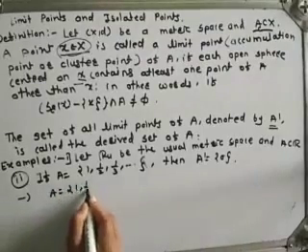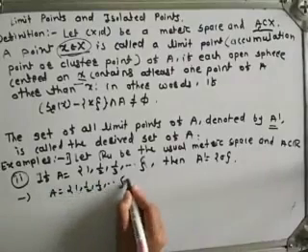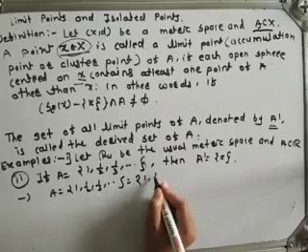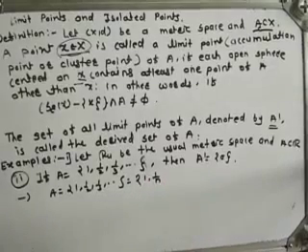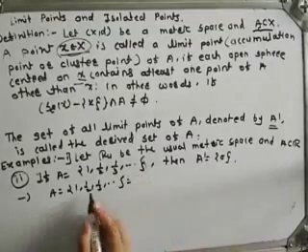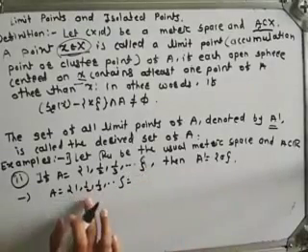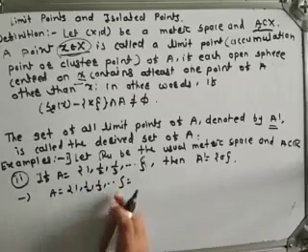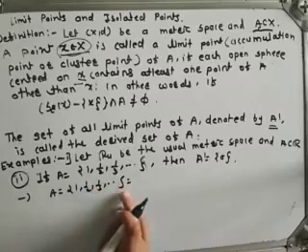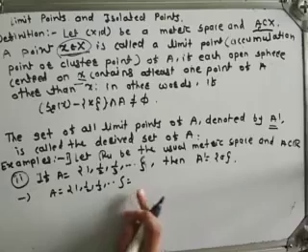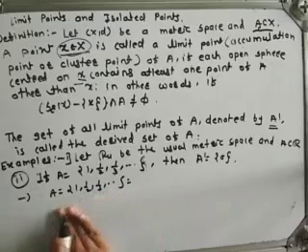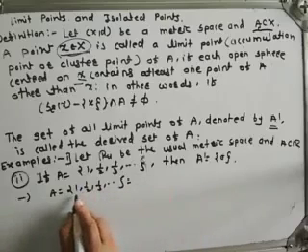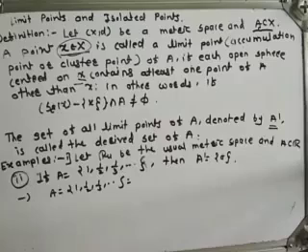A is 1, 1/2, 1/3 and so on, that is, this set is nothing but {1/n}. A is equal to 1, 1/2, 1/3 and so on up to 1/n. As n tends to infinity, 1/n tends to 0. Not exactly 0, which means 0 is not included in this set.